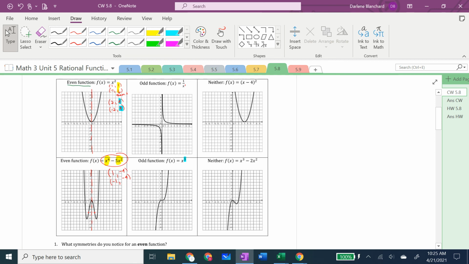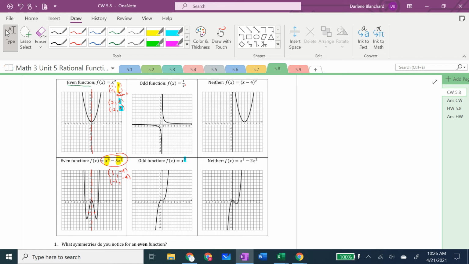But what would you call this symmetry that occurs with an odd function? It's almost like it does the even function's reflection over the y-axis, but does what after that? Do you guys see? What does it do after that? Flips one of them.